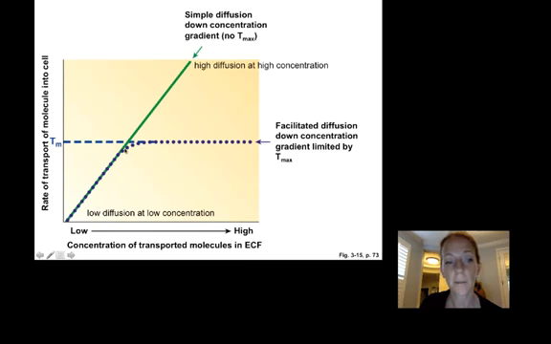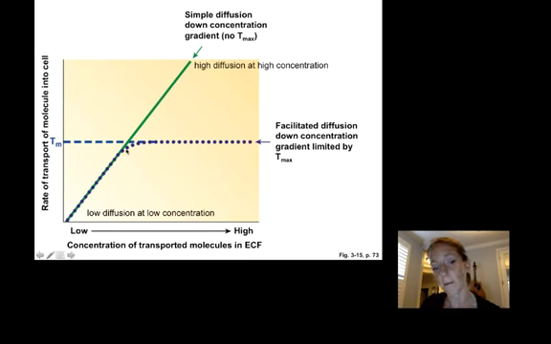So at this point where it curves is when you reach the concentration of molecules that can fit through the number of channels that you have. Simple diffusion, this is not the case, because they can just go straight through the membrane. So simple diffusion just keeps chugging along. Every molecule that's added in concentration can just keep going and get through the membrane.